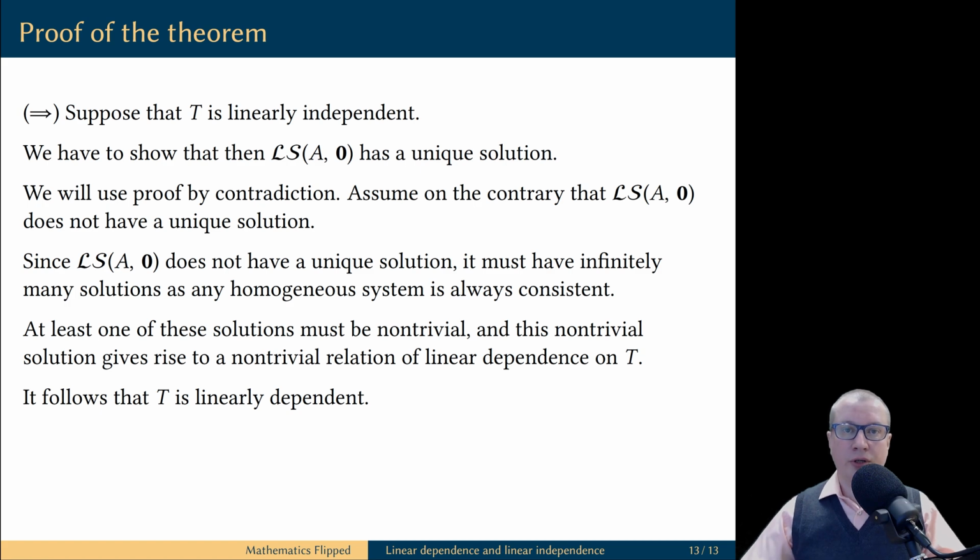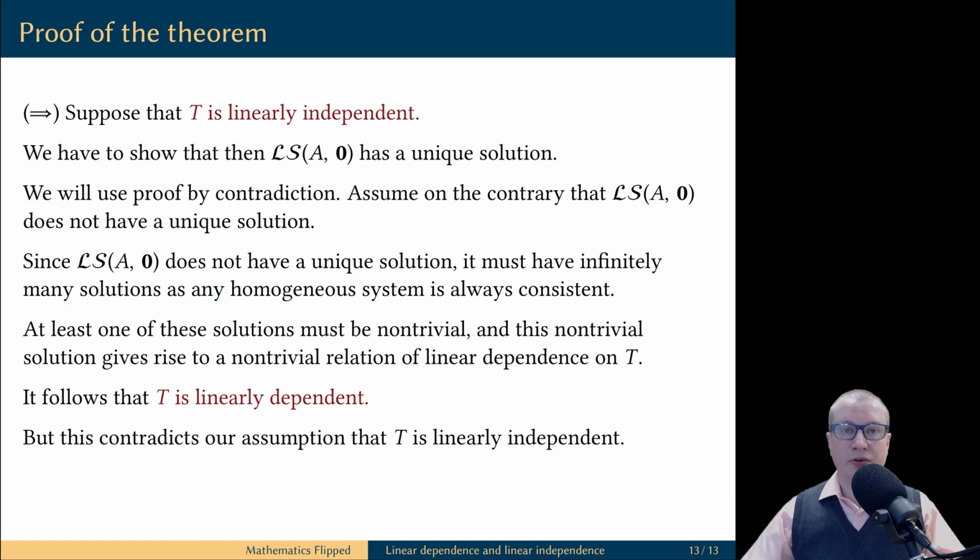And such a non-trivial solution is going to result in a non-trivial relation of linear dependence on the columns of the matrix. In turn, this means that the columns of the matrix A form a linearly dependent set. But this is a contradiction with our assumption that the set of the columns of the matrix is linearly independent.